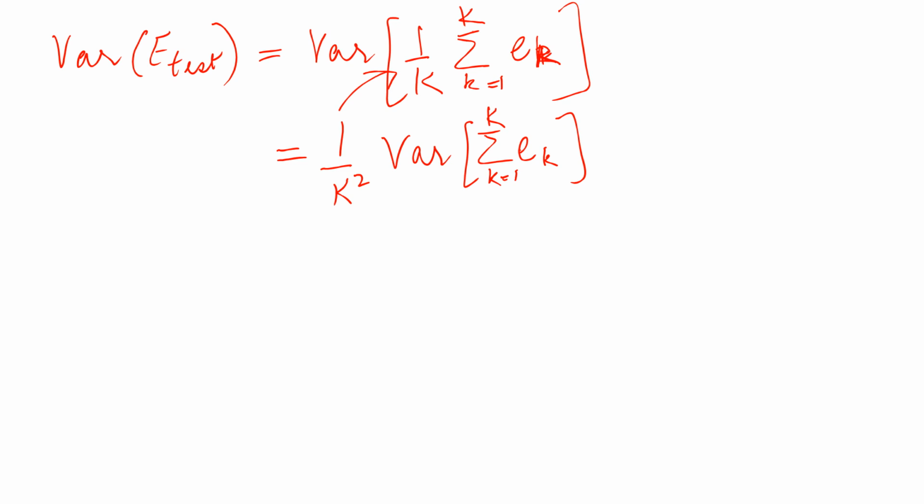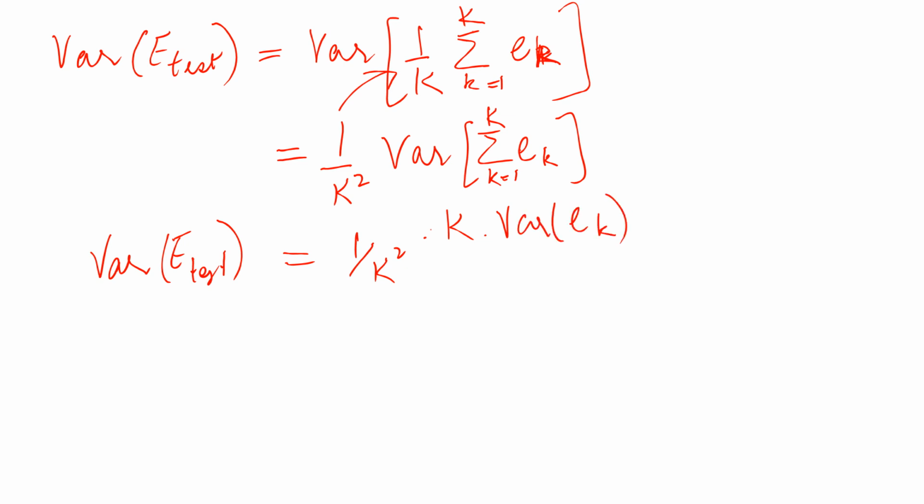Therefore, just like we did with the expectation of E test, we can do the same here. And so the variance of E test is going to be 1 over K squared times K times the variance of E of k, which is nothing but 1 over K times the variance of E k.